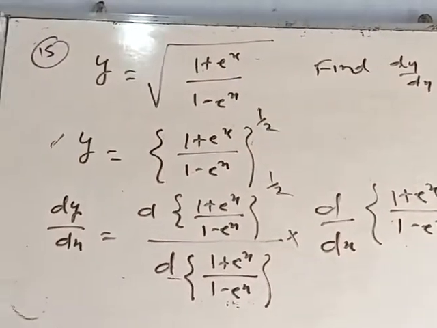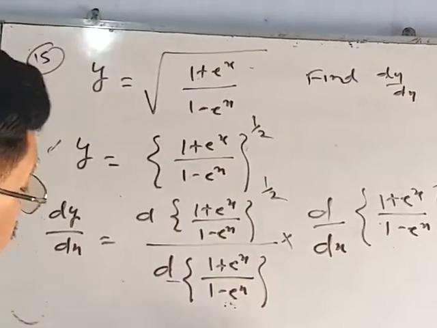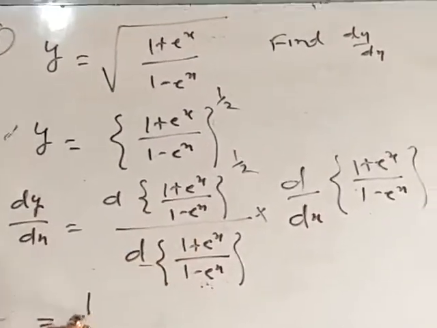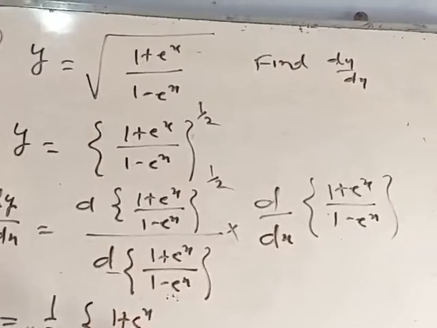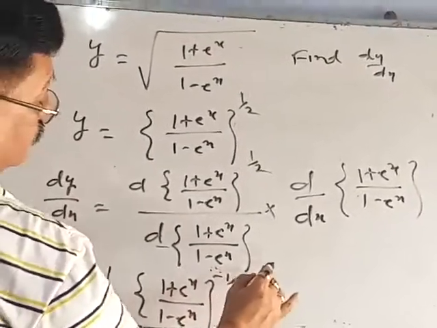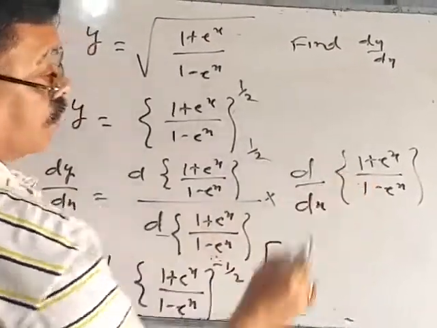So, student, this will be 1 by 2, 1 plus e power x by 1 minus e power x, power minus 1 by 2. Here apply quotient rule.